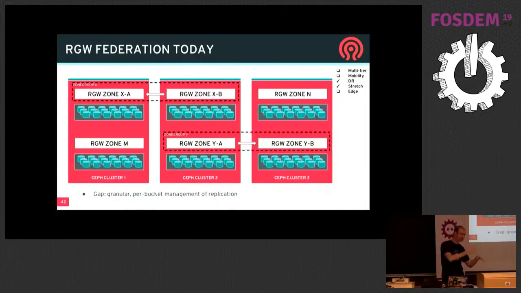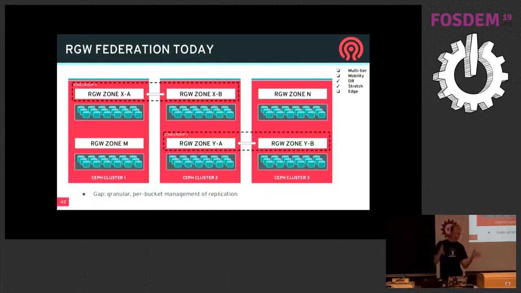And so if my whole data center goes down, then my object storage service is still up. The way that it's internally implemented, all the data structures and internal behaviors are written such that we can also do it on a per bucket basis, but all the tooling and automation and so on is still done on a per zone basis. So we have some additional work to do so that you can say, I want this single bucket to be replicated to another site, and this other one not to be. So that's one of the initial gaps.